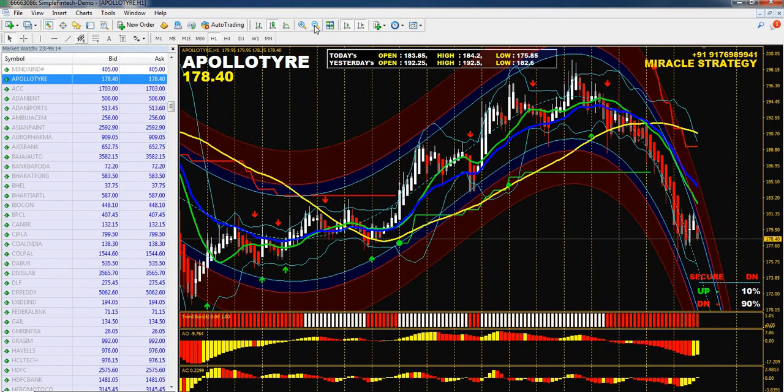It's easy for you to see a particular time frame's data. Suppose you want to see 1 week, 1 month, you can go through these time frames, and you can easily get an overview of this.